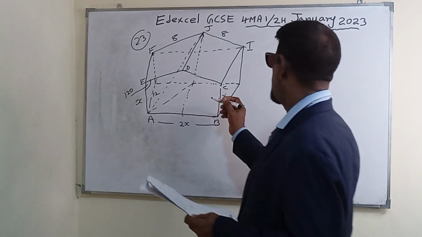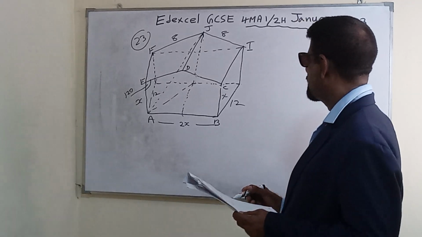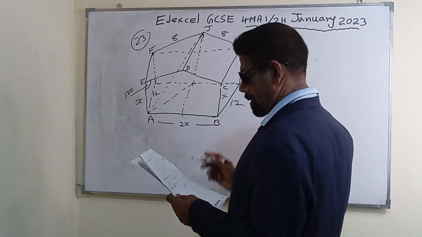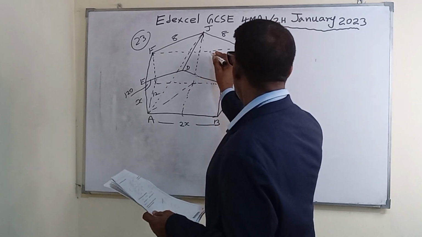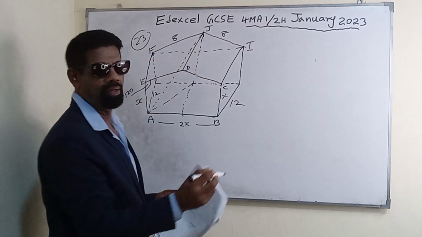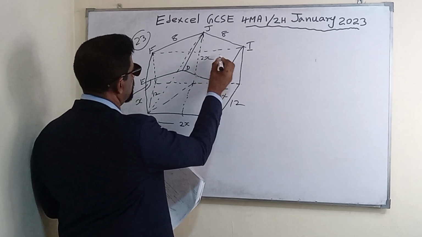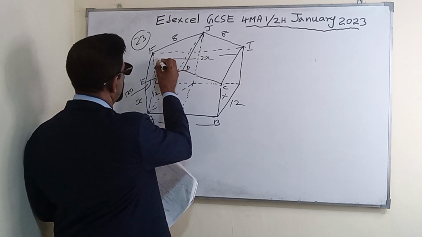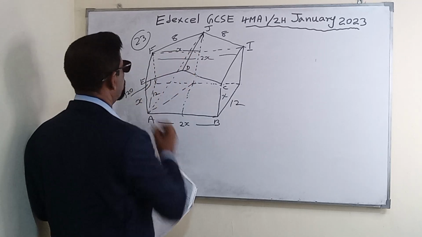We know that in a rectangle, opposite sides are equal. This is 2x, that is 2x, and this x is a midpoint.